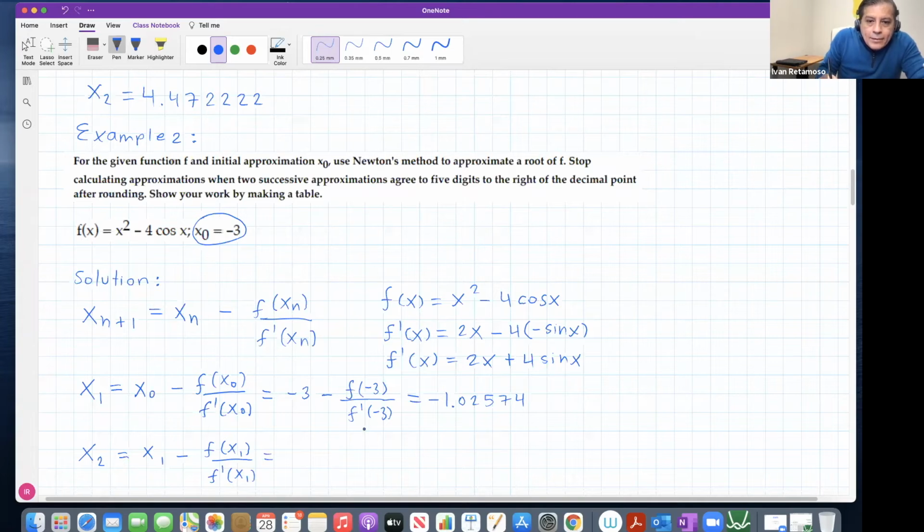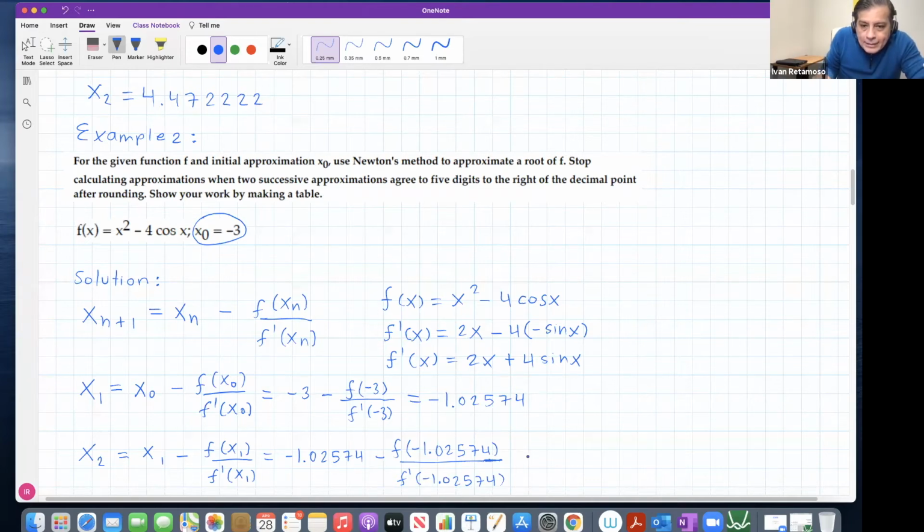So basically, I gotta take this output and consider that as my input for the next iteration. This type of algorithm is called an iterative method, because it's all about the result becoming the new input and doing this again and again and again.